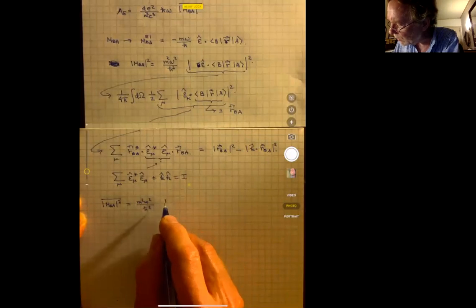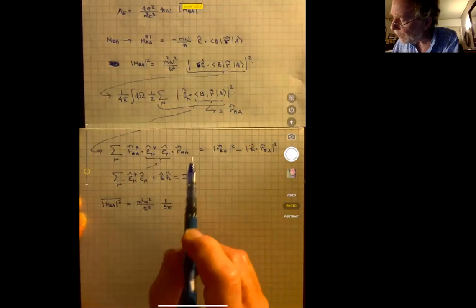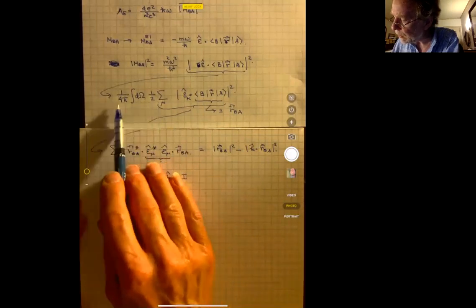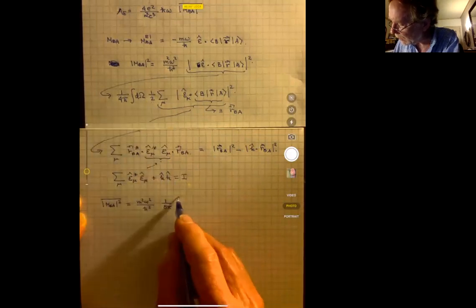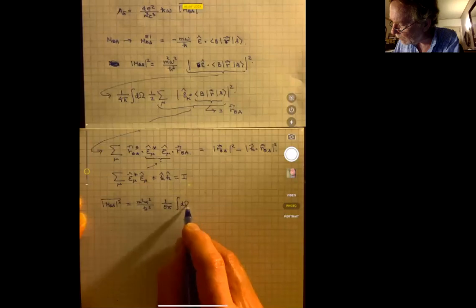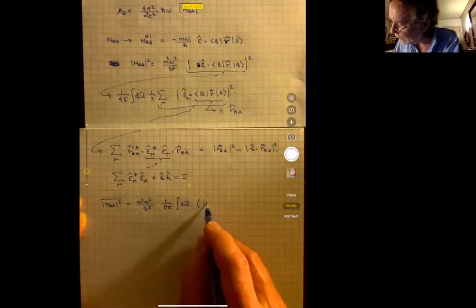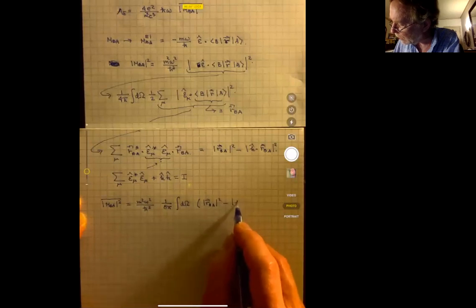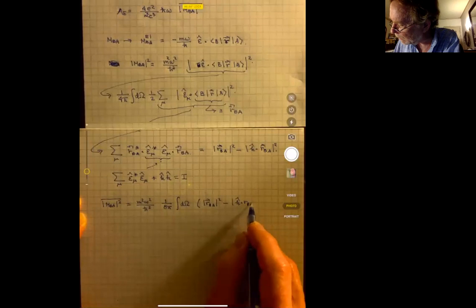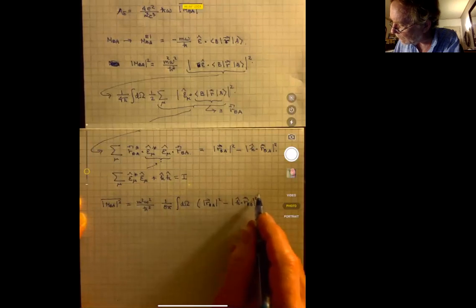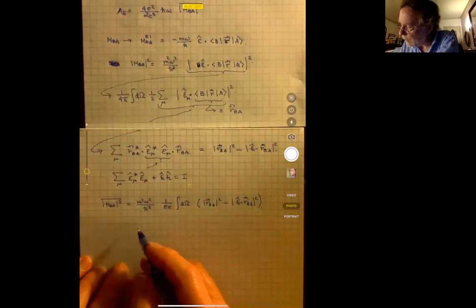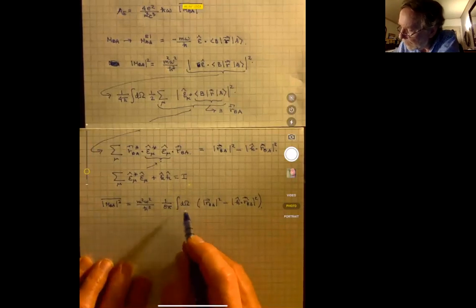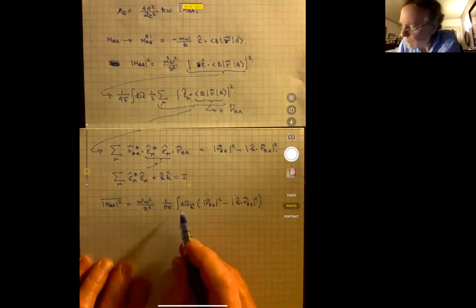And then what I've got is 1 over 8 pi. The 8 pi came from the 1/2 and the 4 pi in the normalization of the averaging. I still have the solid angle d omega integral that has to be done. And then we've got the absolute value of RBA squared minus the absolute value of k hat dotted into RBA, squared. Now this omega is the direction of k. It's the direction of the outgoing photon.